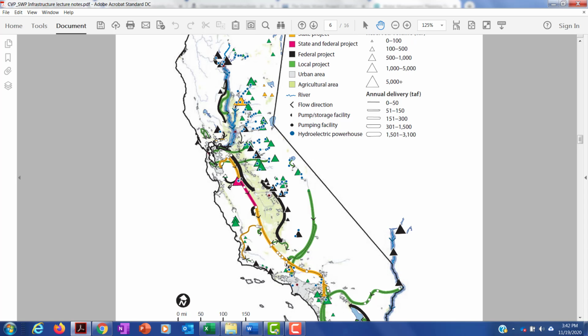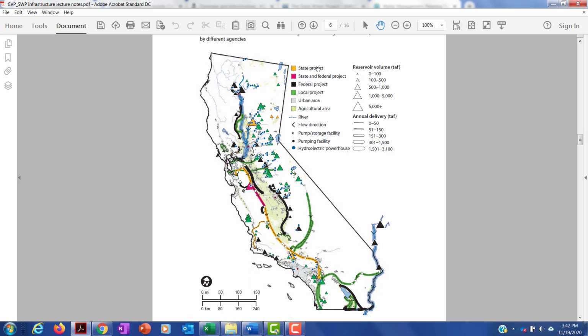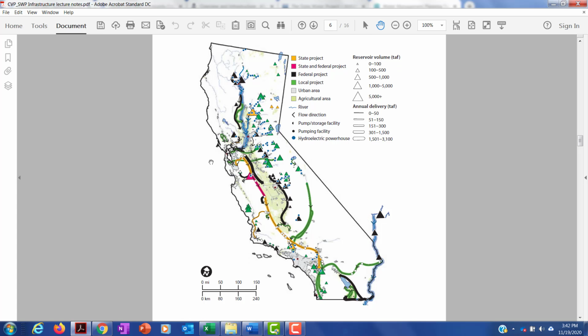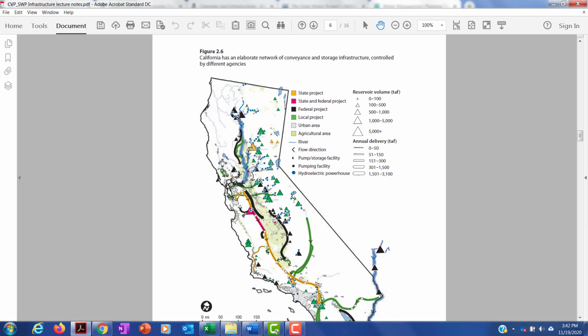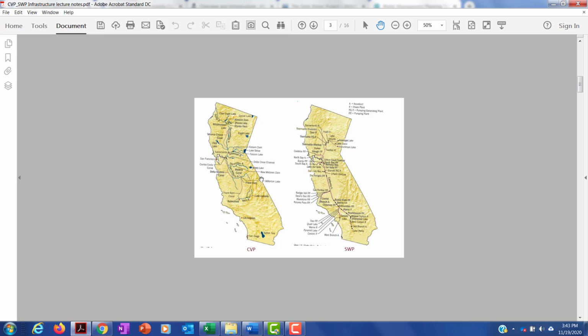When we had an in-class exam, that was how I covered this unit. It just said, here's a map, plot these things. And for the final in this class, I'll probably do the same thing on the timed exam, just so you know. And just by studying these features and being able to go from a map like this to this, I think that's a pretty good orientation to California's water system.